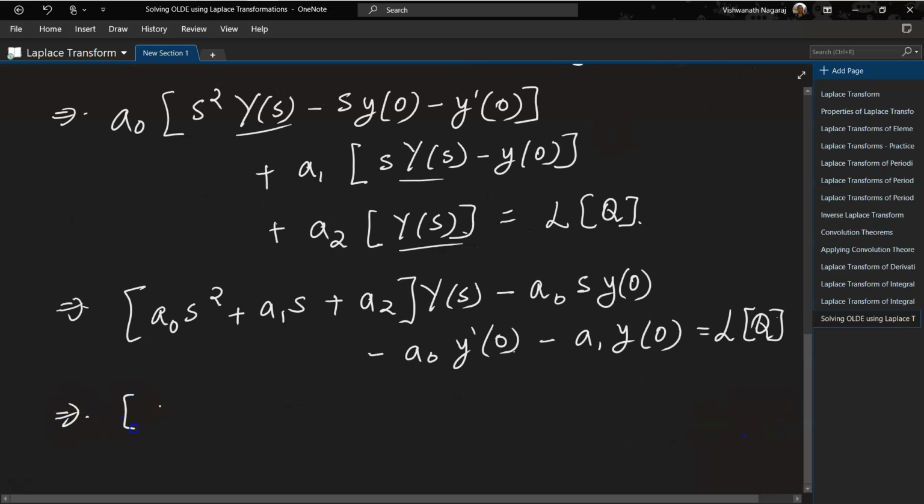Okay, now let's keep it as it is: a naught s square plus a1 s plus a2 times capital Y of s, minus a naught s.